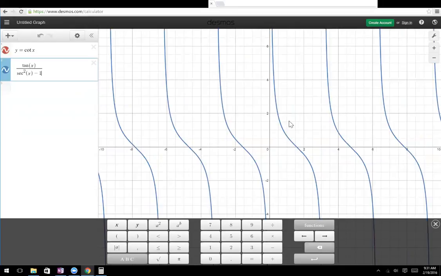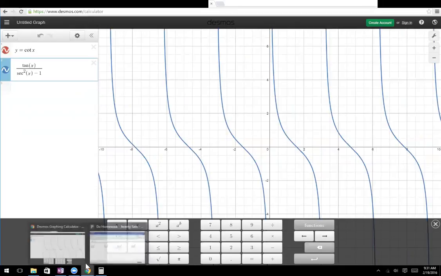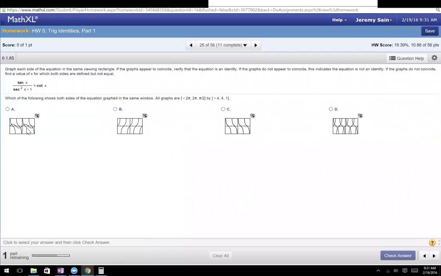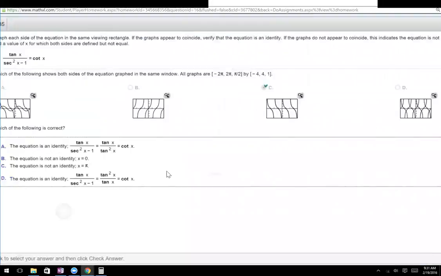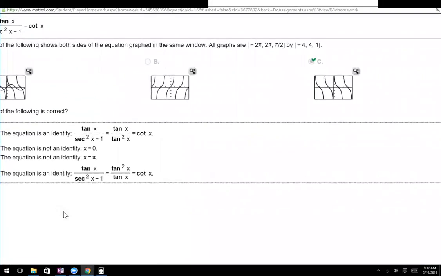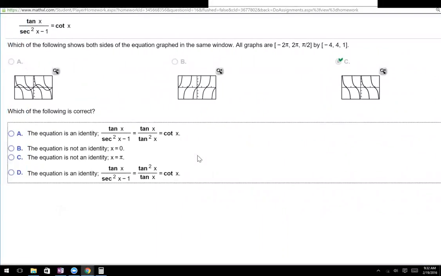And lo and behold, the picture looks like they overlap. So they're equal to each other. Yes, it is an identity, because tangent over secant squared minus 1 is tangent over tangent squared, which is 1 over tangent, which is cotangent.